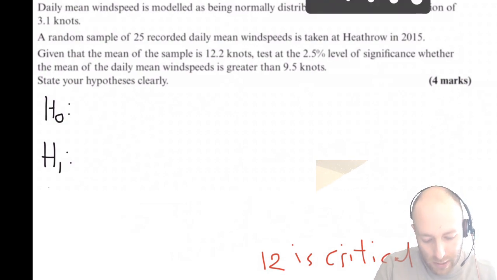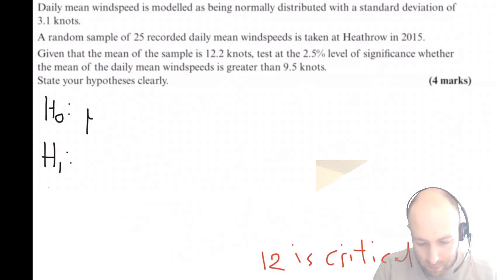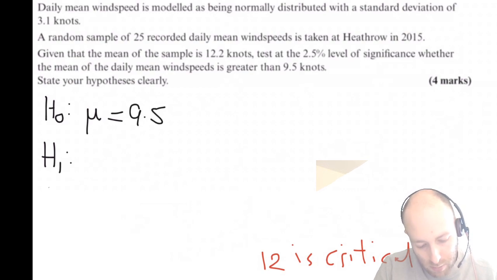So yeah, H0 is mu equals 9.5, and H1 is mu is greater than 9.5.